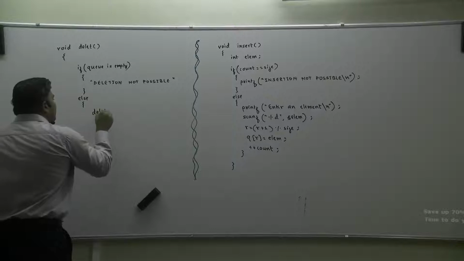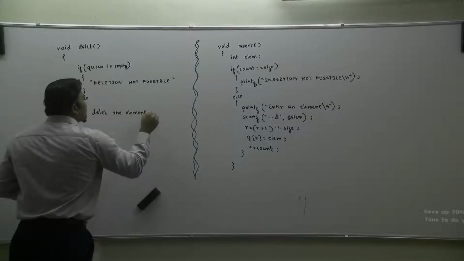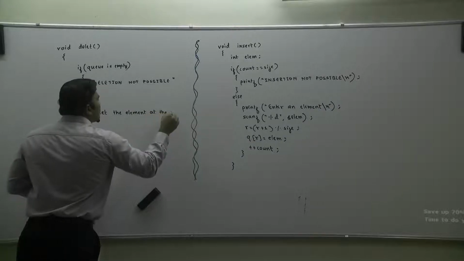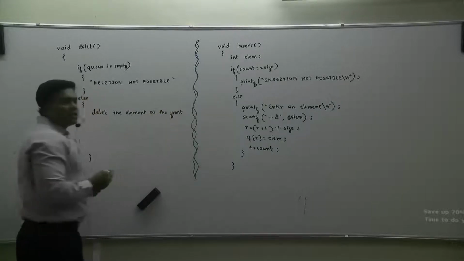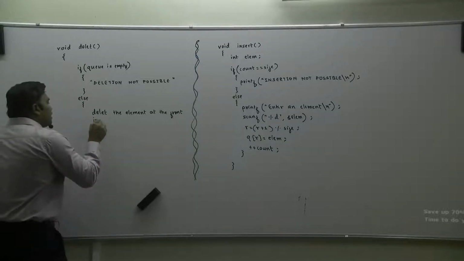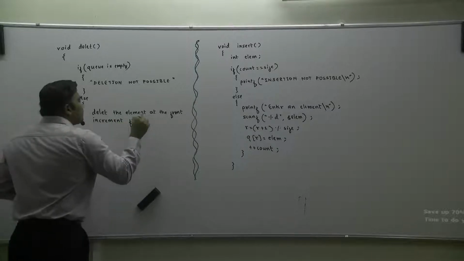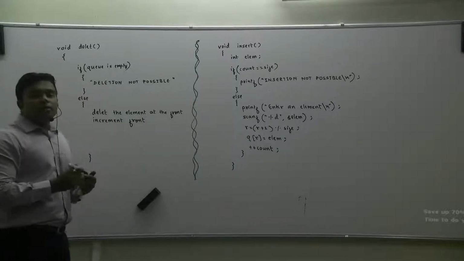Delete the element at the front. Whichever is at the front, delete it. Not only that, you should increment front so that it points to the next, the next one becomes the new front.